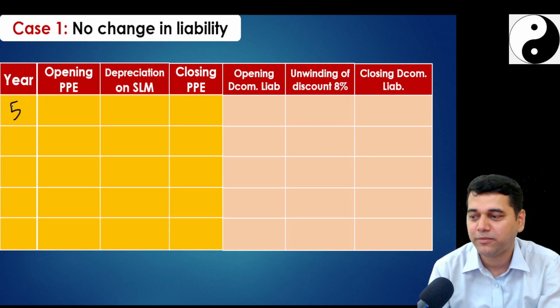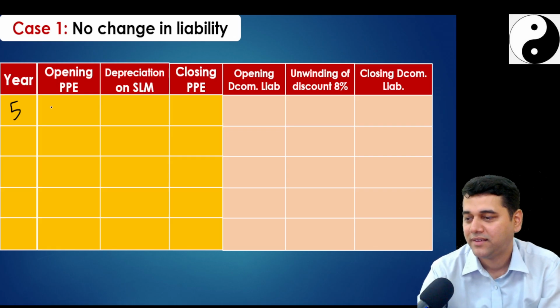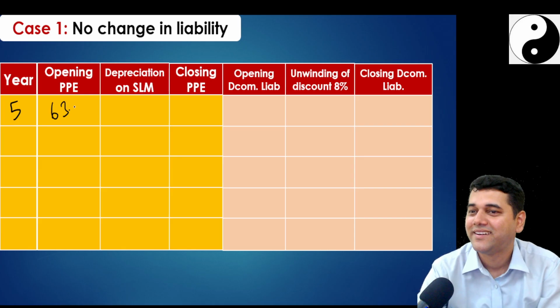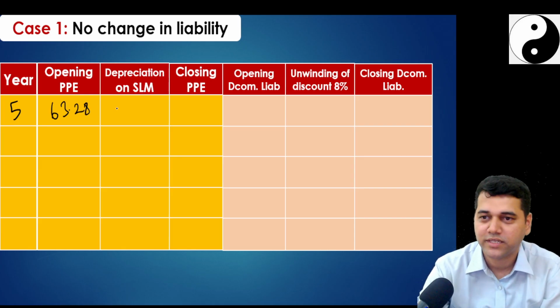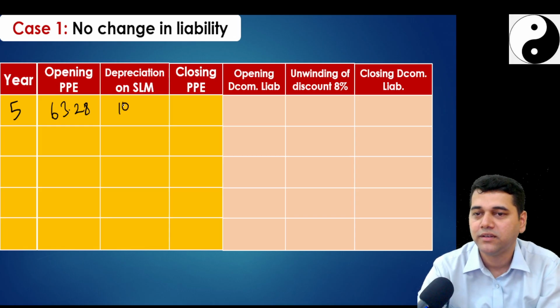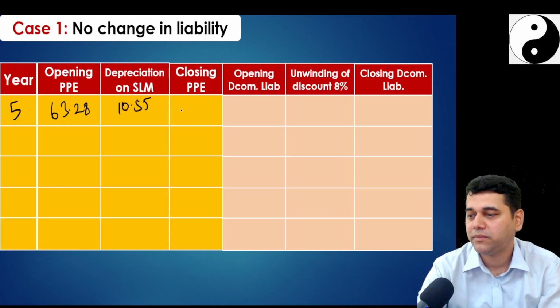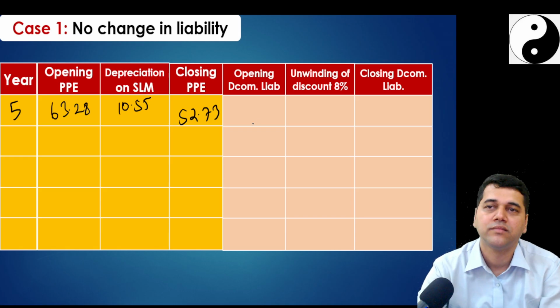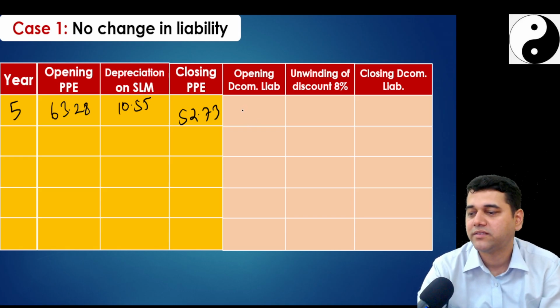Year 5. What is my balance? 28. Depreciation we already calculated. Closing balance is 52.73.